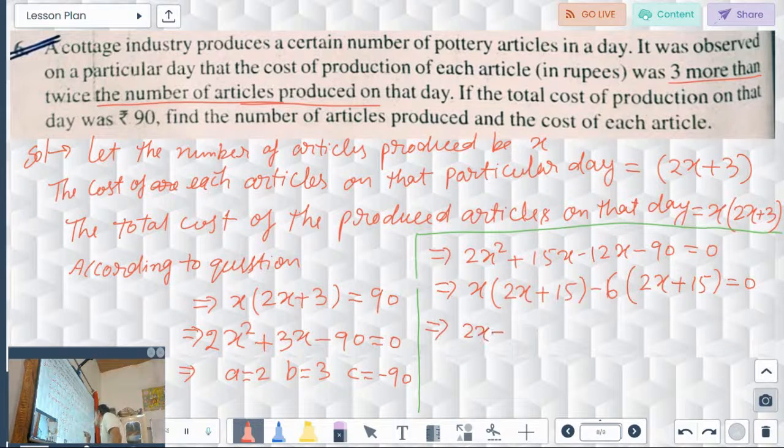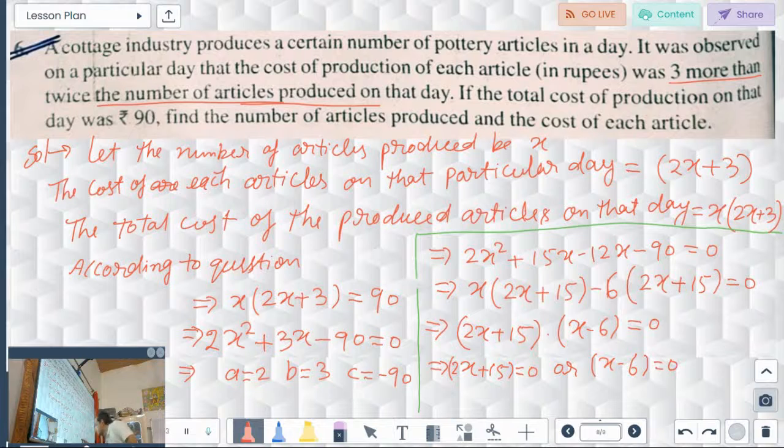So 2x plus 15 and x minus 6 equal to 0, and 2x plus 15 equal to 0 or x minus 6 equal to 0.